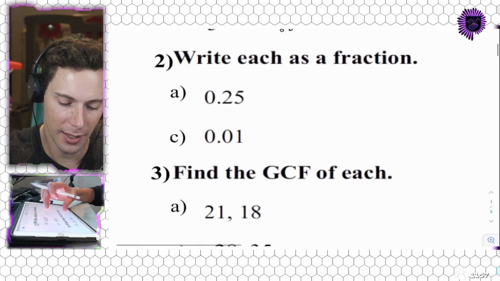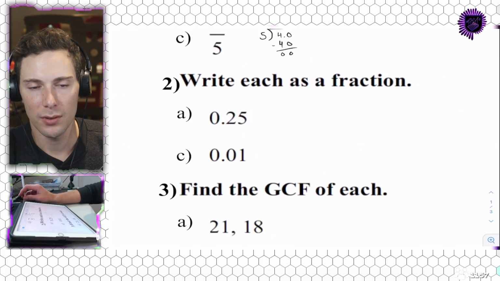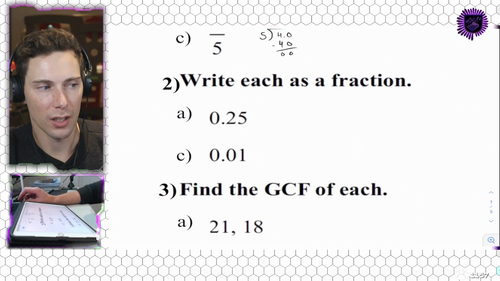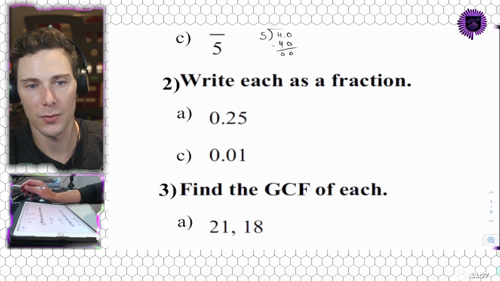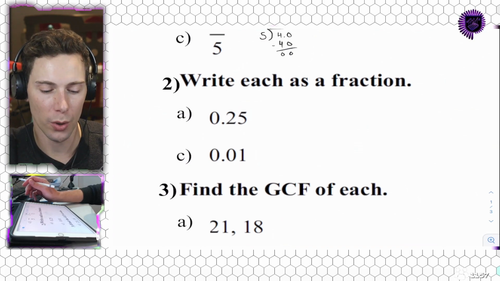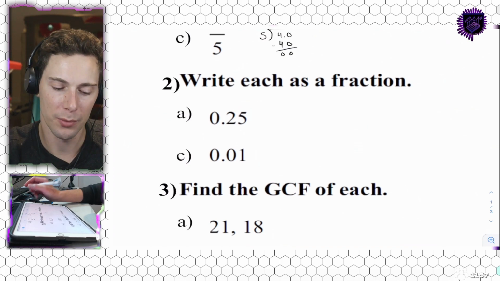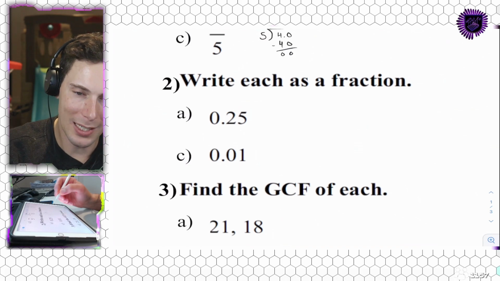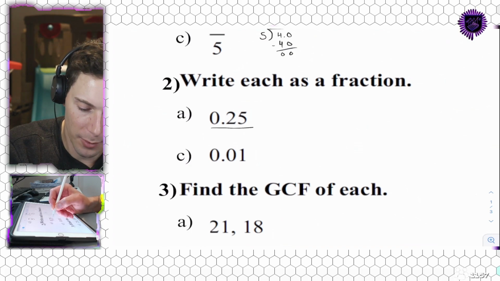All right, write each as a fraction. So we're going to need to write these out, write a fraction line underneath them, and decide if we can simplify them. 0.25. Now, 25 cents is 1/4 of a dollar. So you can get there using strategies and what you know, previous understanding. But it's 25 hundredths. So let's write this number as 25 hundredths.